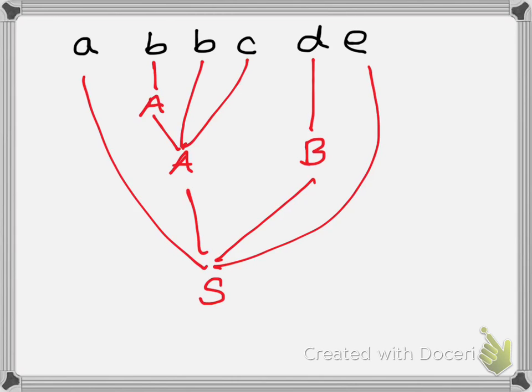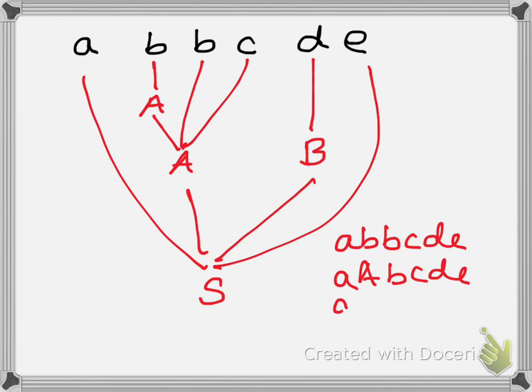So this is your bottom-up parsing. And isn't this the reverse of the rightmost derivation? If you see, it is like this. We started with a b b c d e. Then we replaced b with A, giving a A b c d e. Then A b c we replaced by A again, and we got a A d e.